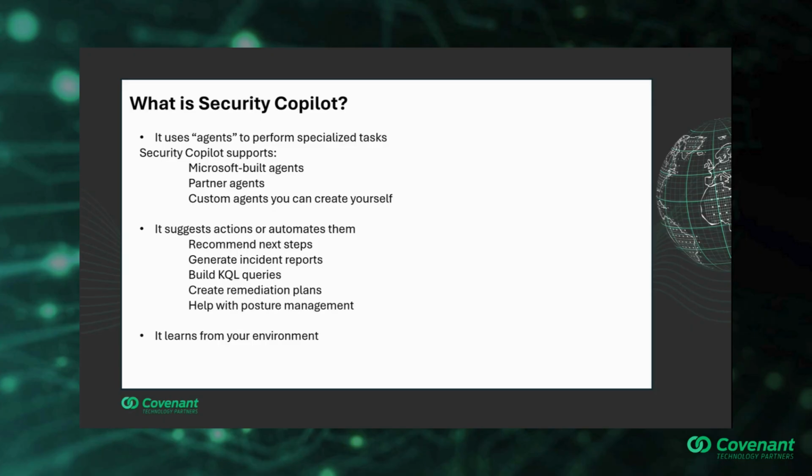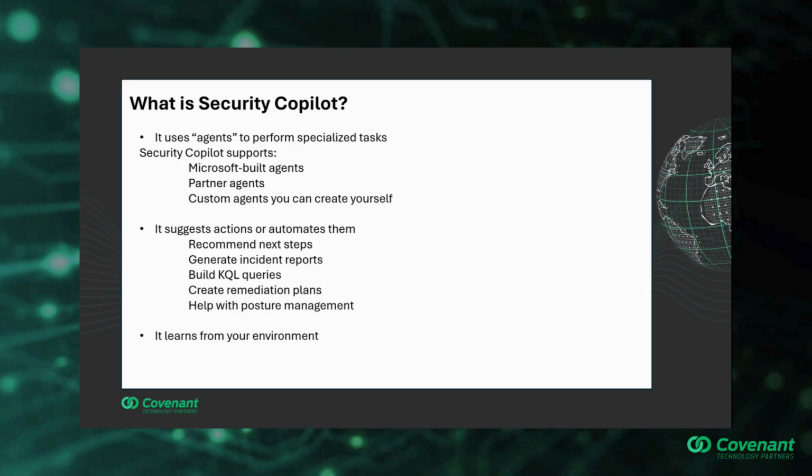generating comprehensive incident reports. Personal favorite of mine is it helps build the KQL queries, or the Kusto queries, that can sometimes be a bit cryptic in exactly how to get the information that you want. Copilot makes that part of the job much easier.